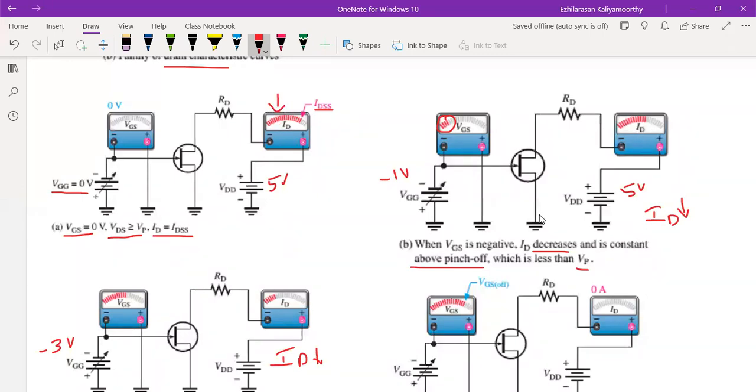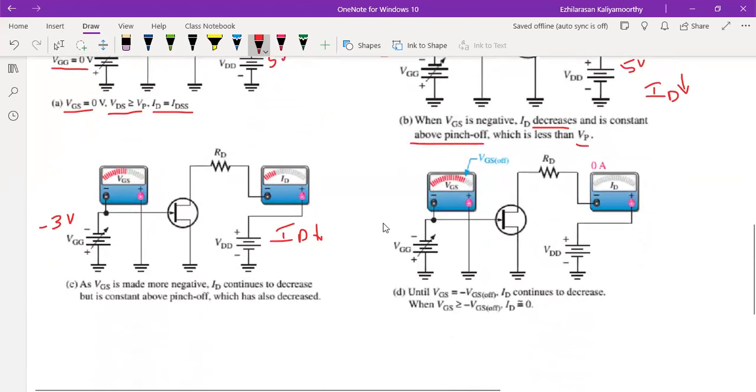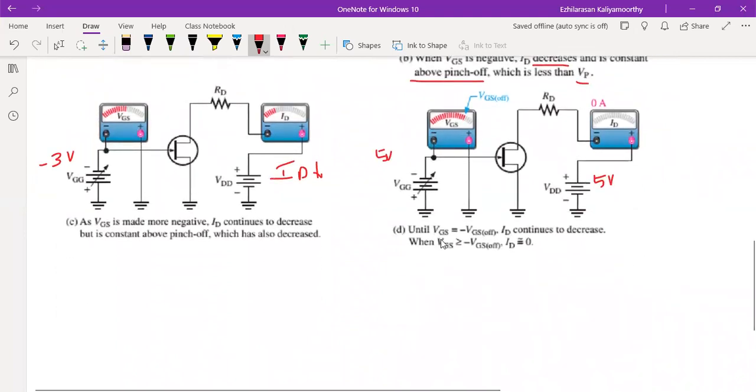Second, you see it getting reduced. Third, you see it is still getting reduced. Even this is 5 volt. So as VGS is made more negative, ID continuously decreases, but is constant above the pinch off.